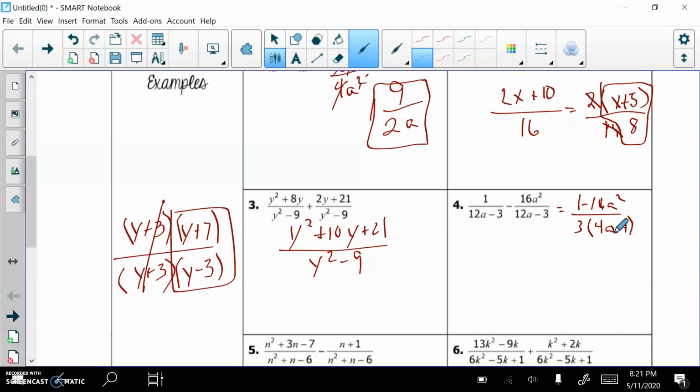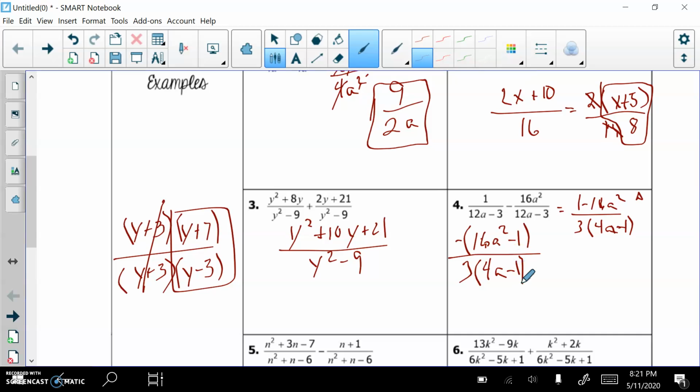Okay, so we've got that little situation right here, like we did in the last lesson, where you can factor out a negative parentheses 16a squared minus 1 over 3 times 4a minus 1.